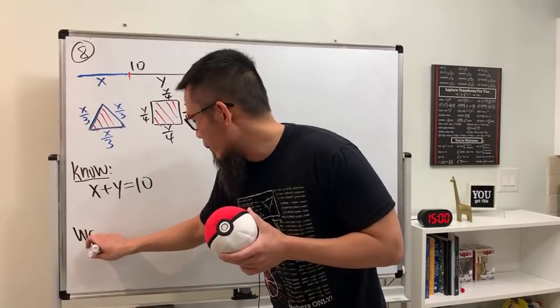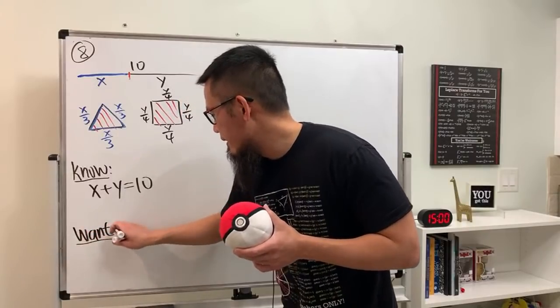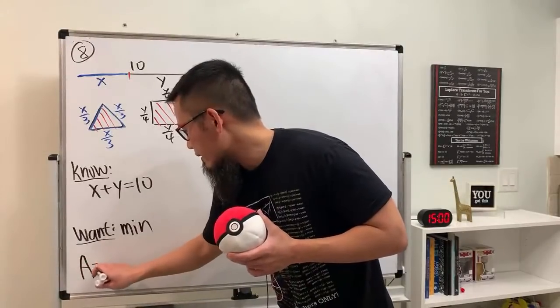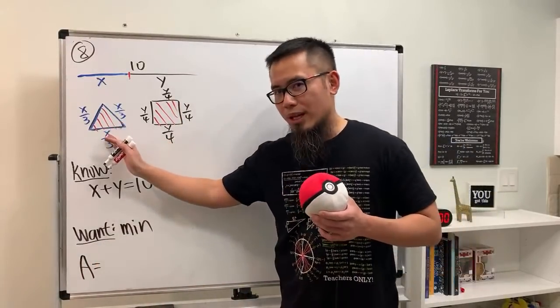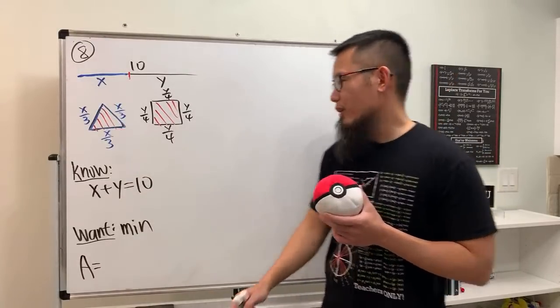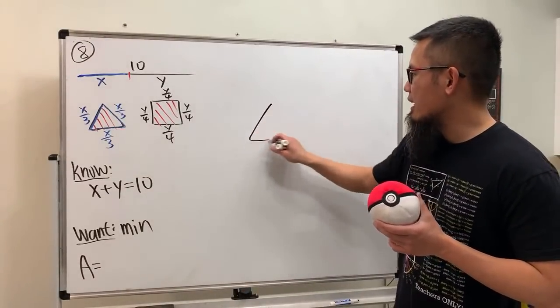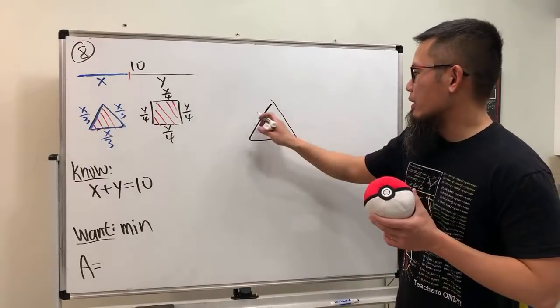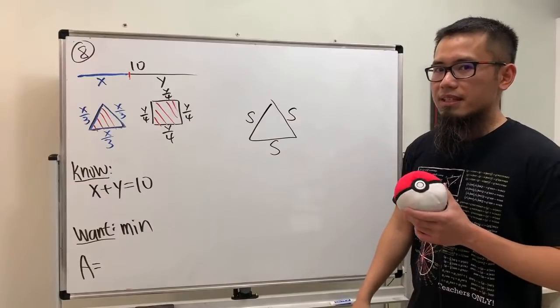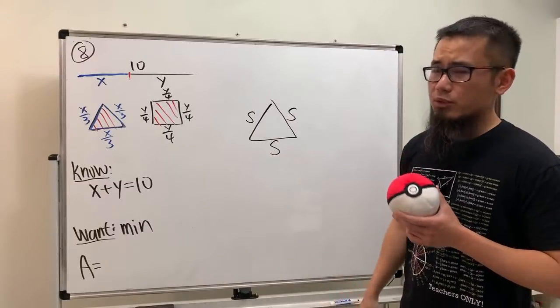Anyway, we want the minimum of the area of the equilateral triangle and also the square. What's the area for the equilateral triangle? I will remind you guys on the side. When you have an equilateral triangle, if the sides are s, you can prove this real quick.